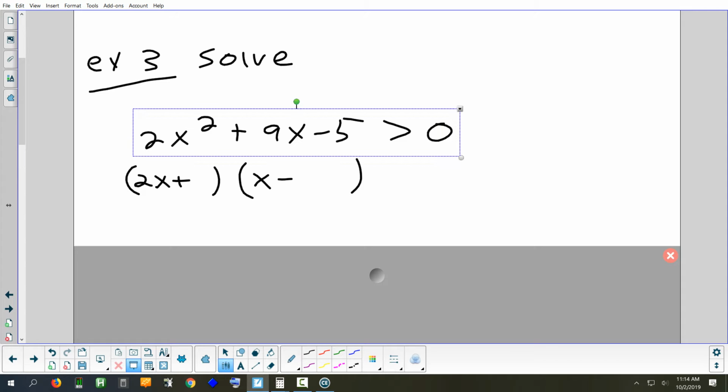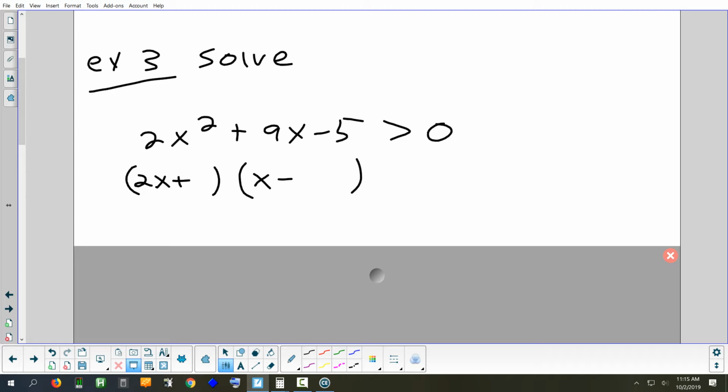And now 2 numbers that multiply to give me 5. And subtract. Yeah, so 2 numbers that multiply to give me 5. Chris? 5 and 3?